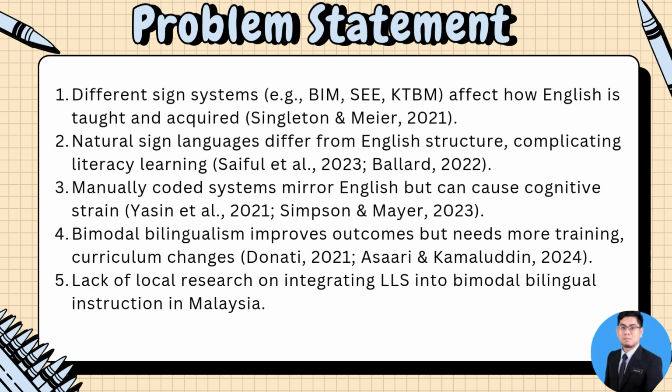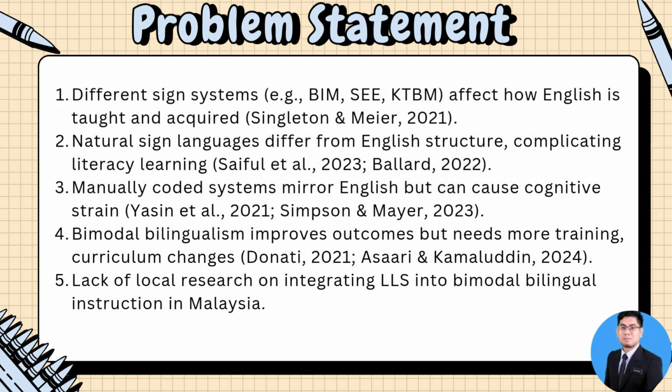In this study, the core issue lies in how different sign systems influence English instruction for deaf students. As Singleton and Meyer 2021 highlight, systems like BIM or ASL serve different roles and aren't linguistically aligned with English. Natural sign languages such as BIM and ASL have their own unique syntax, making English a second language for many deaf and hard of hearing students, as stated by Saiful 2023 and Ballard 2022.